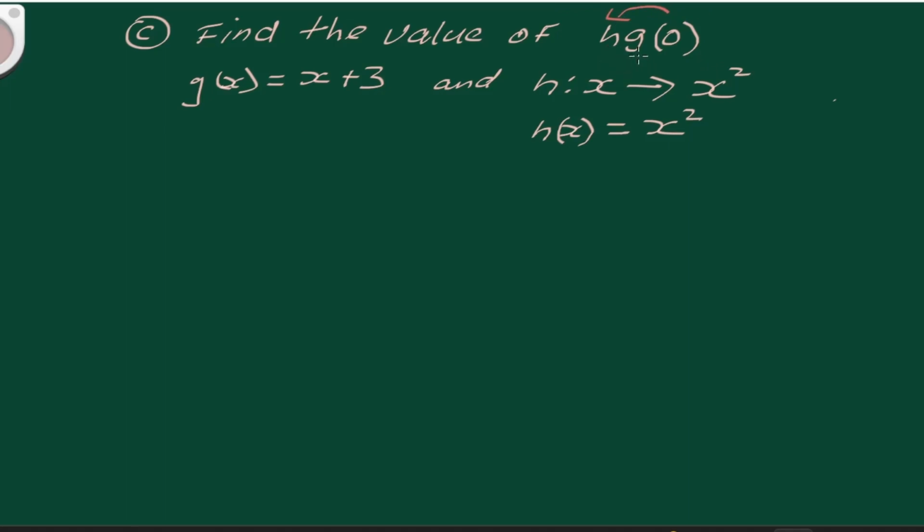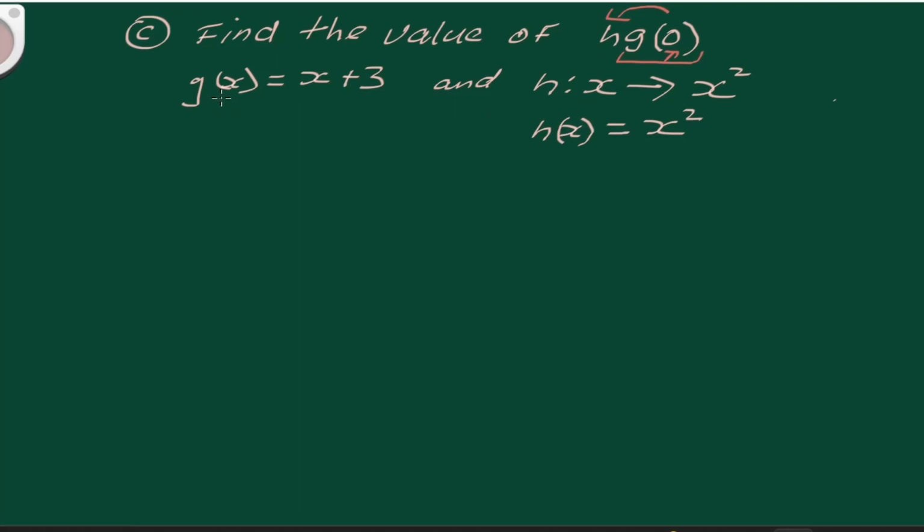So the function G will be inputted into the function H. However, because we have a number here, we need to first of all work out the value of the function G of 0. And having worked that out, we then put it in the H function and work out our answer.